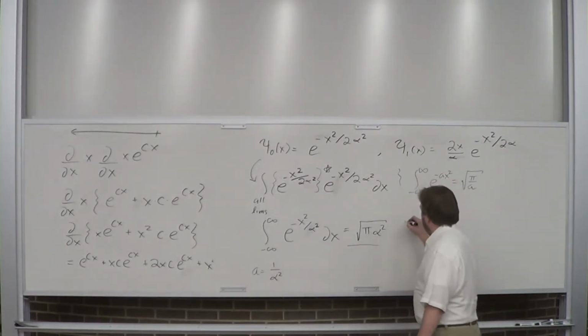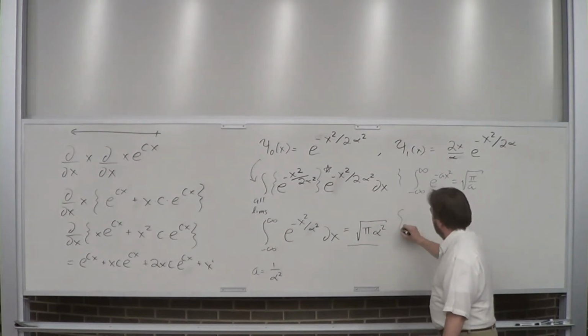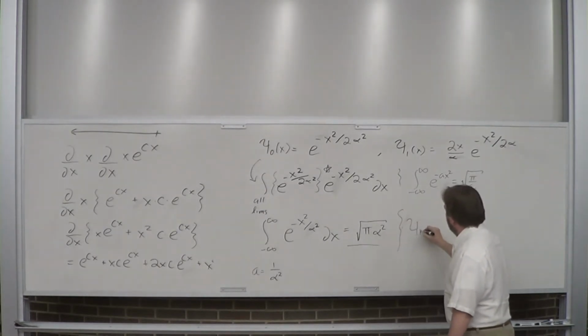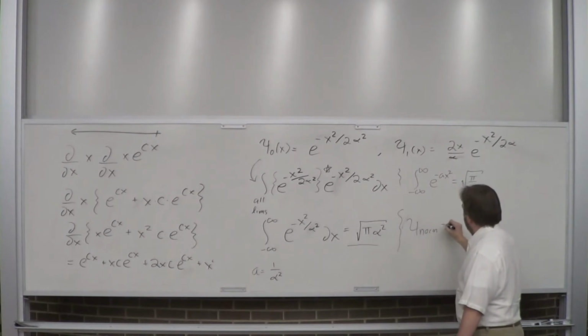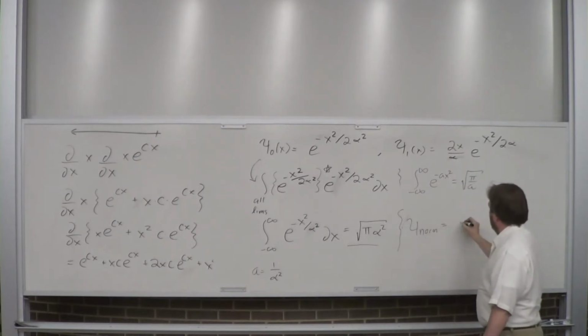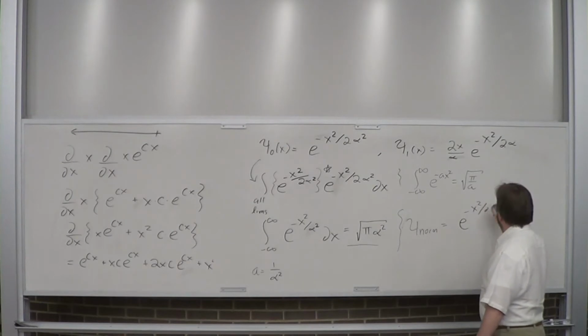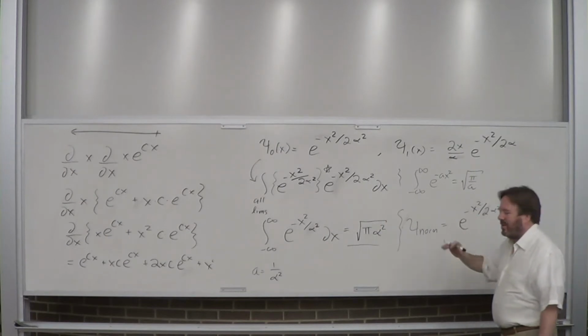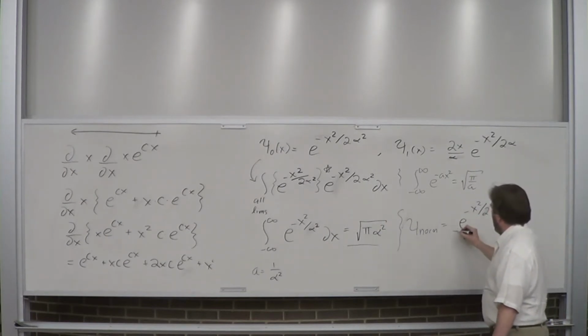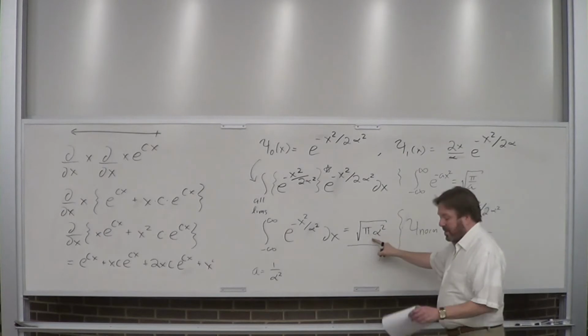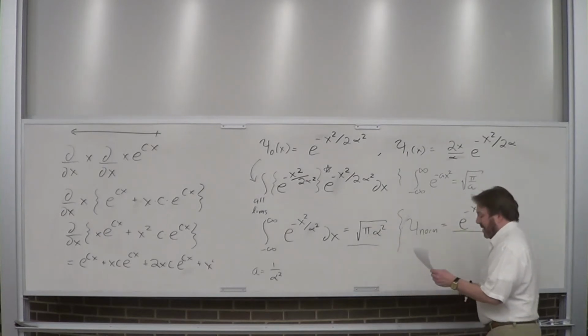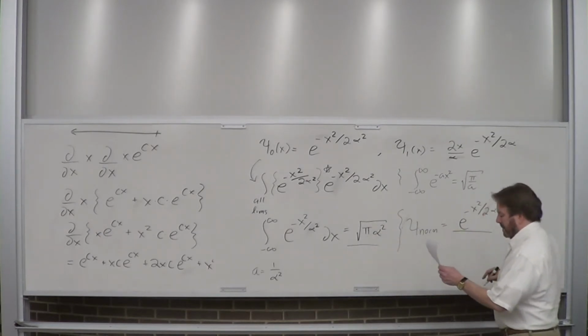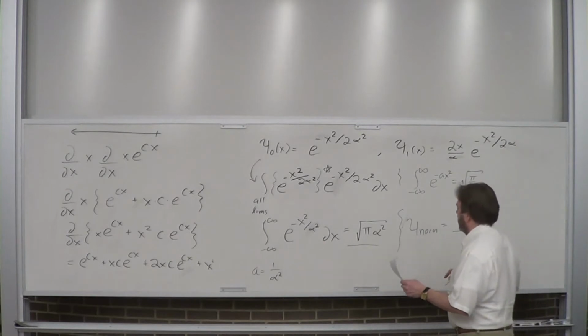Remember that the normalized wave function is going to be the wave function, just like you were given, my 2's and alpha, I told you they look terrible, over the square root of this. God, this is kind of painful, isn't it?